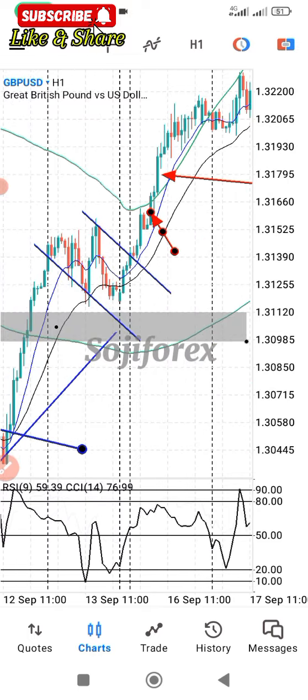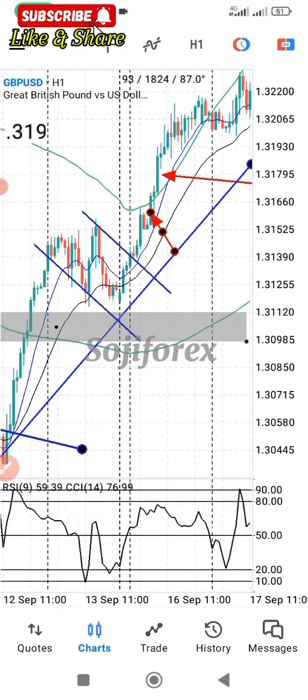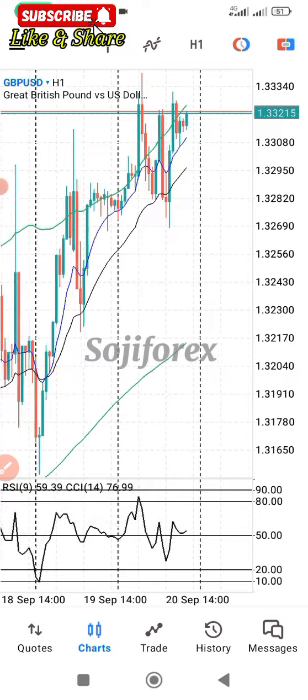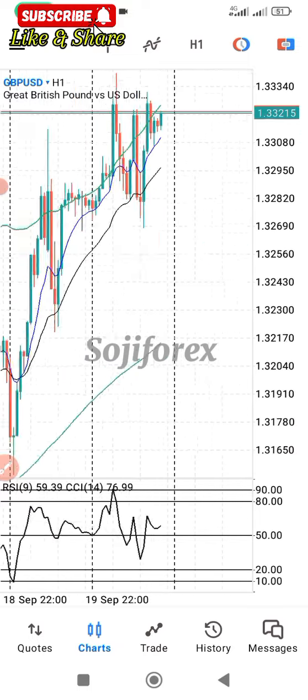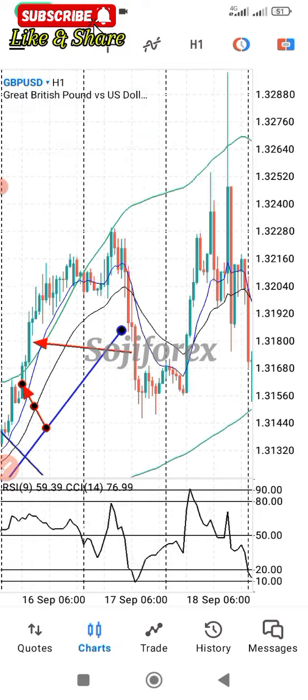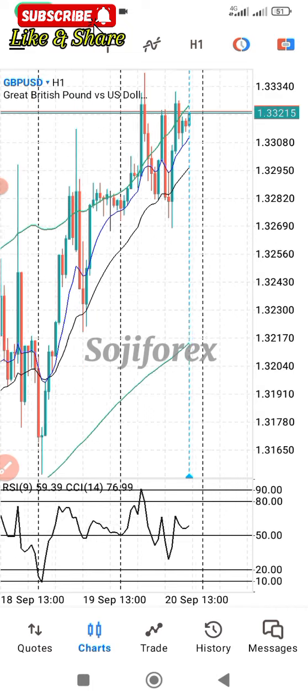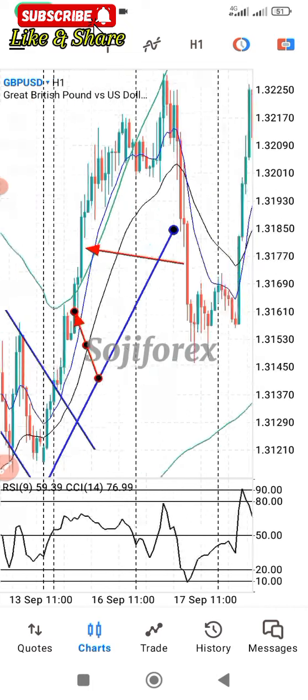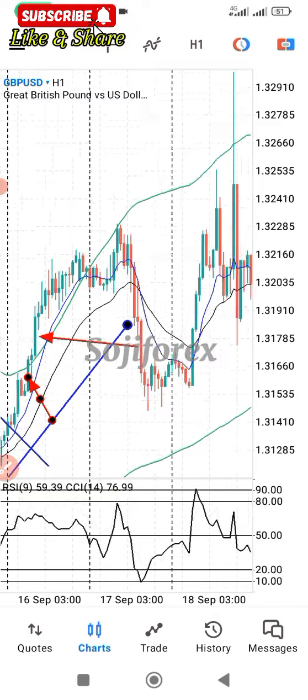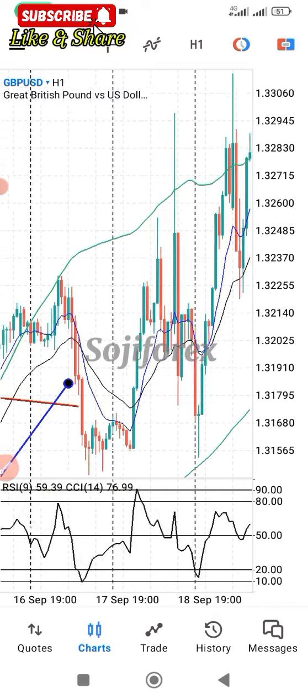So you can as well now connect your trend line, and you see how perfectly this is. So what next? Price pullback.